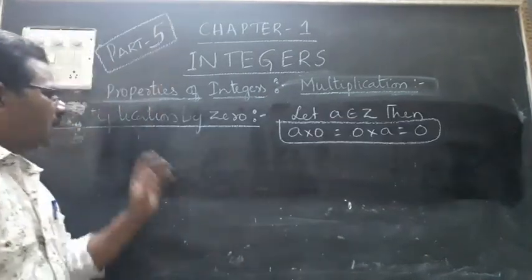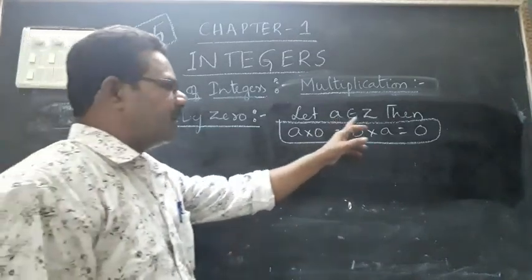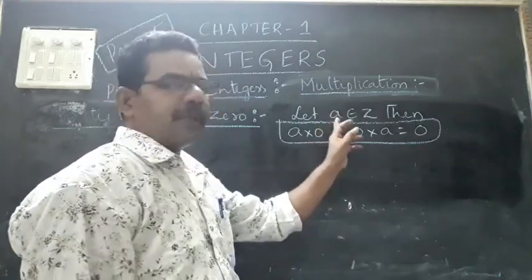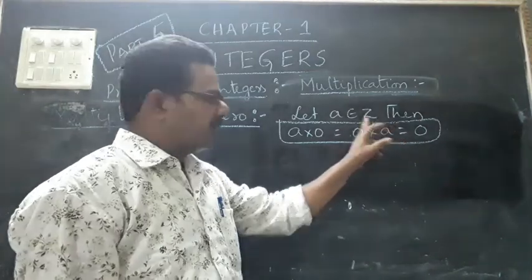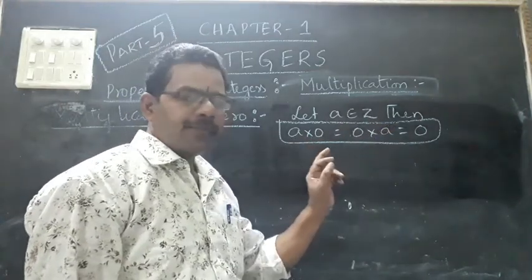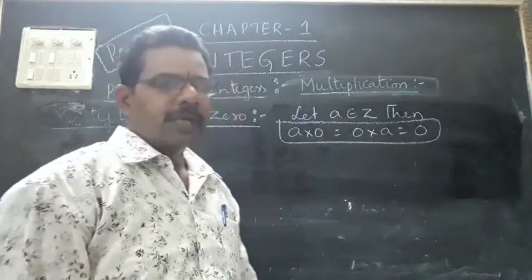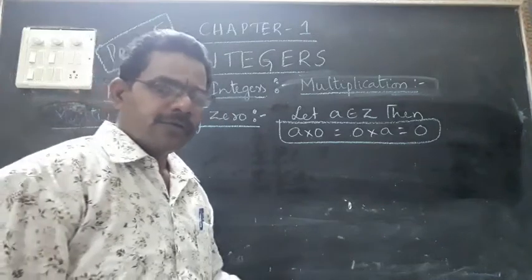Next one, multiplication by 0. Suppose any number is multiplied with 0, what is the value we will get? Here, suppose I have taken A belongs to the set of integers, then A into 0 is equal to 0 into A is equal to 0. That means multiplication of any number with 0 will be equal to 0.